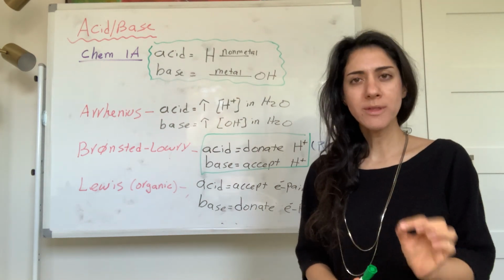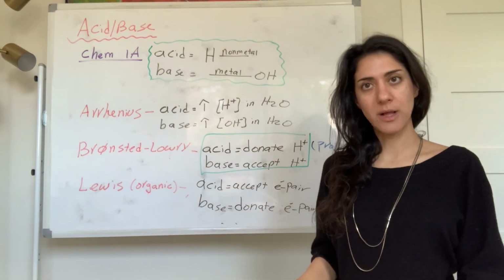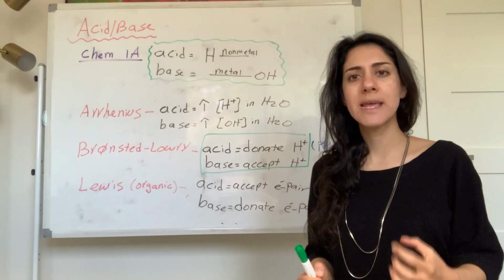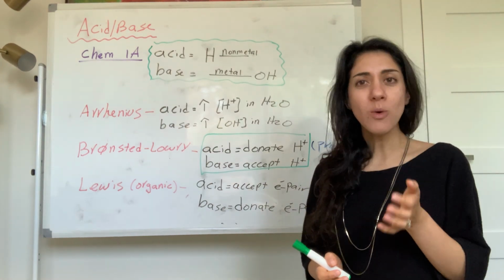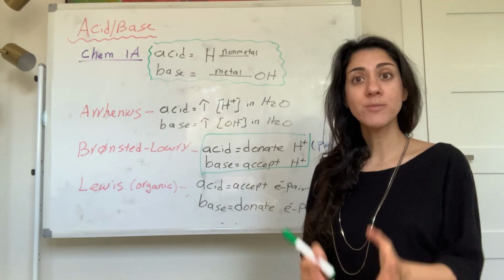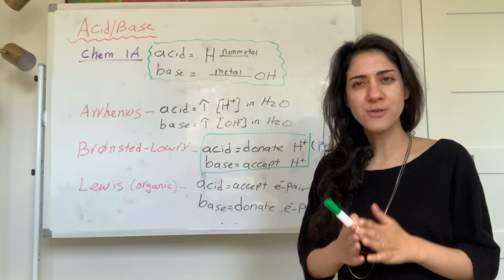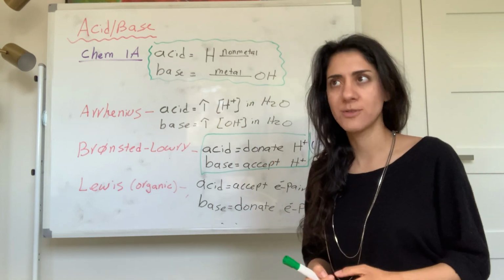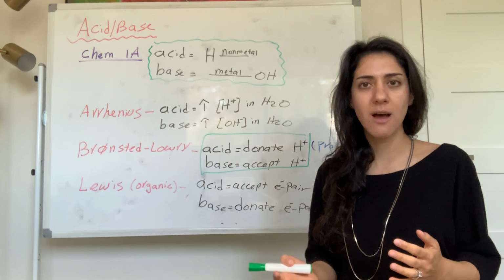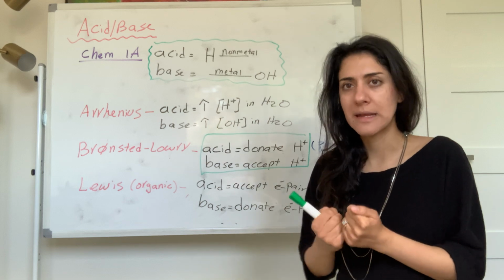Now, there's one more thing I want to mention. So acid is going to donate H plus and base is going to get the H plus. Now here's the thing, think about it this way. If you want to go and adopt some puppies, you need to be able to afford it, right? You need to have the money to adopt the puppies, because you have to feed the puppies, you have to do other stuff. So you need to be able to afford it before you can go and get those puppies.